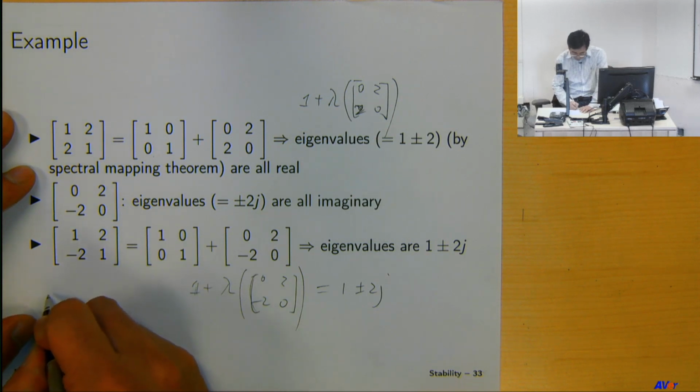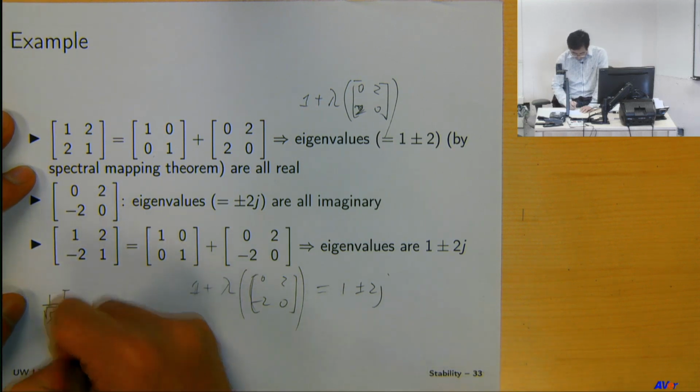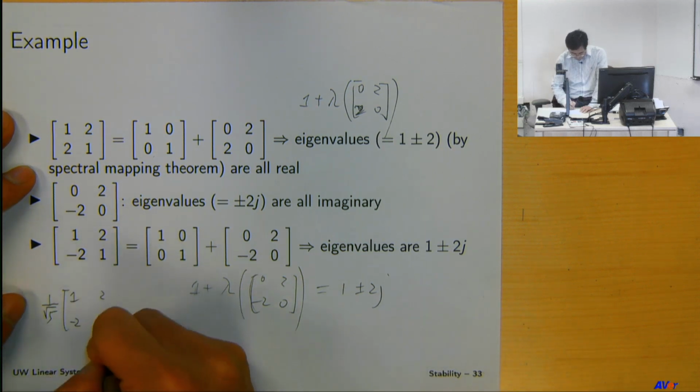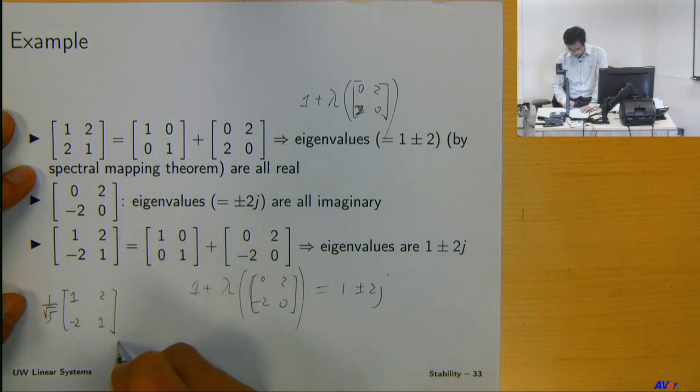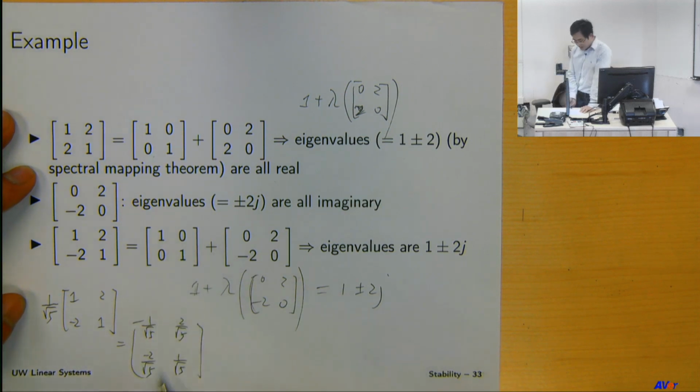So let's do square root of 5 times this matrix, or in other words, 1 over square root of 5, -2 over square root of 5. So for this matrix, the columns are perpendicular to each other.